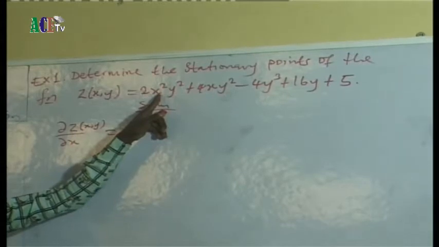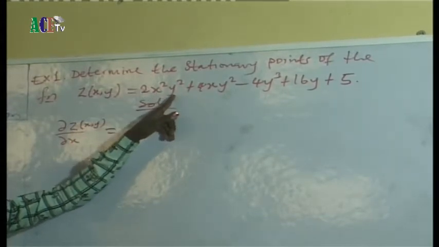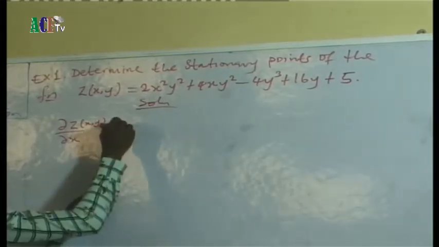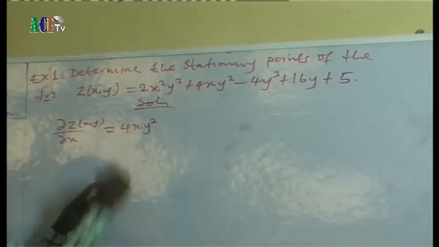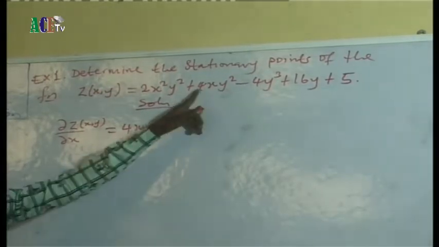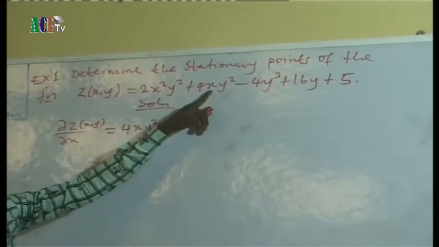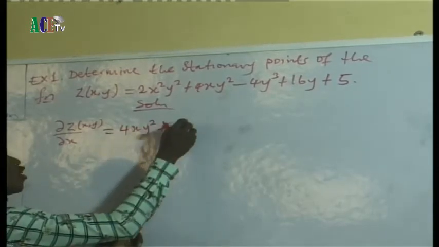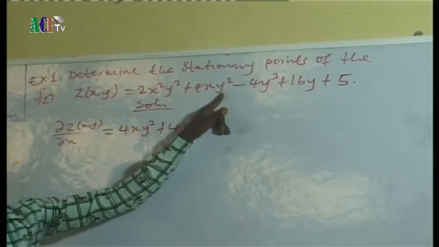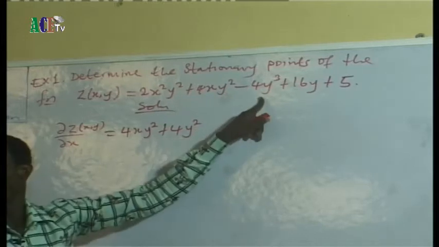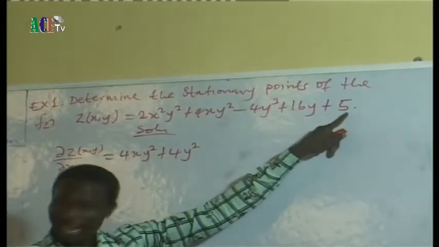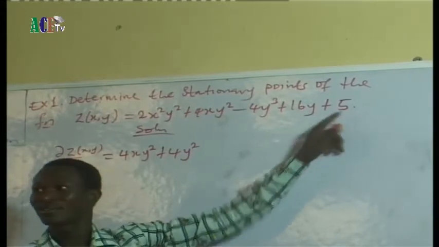Differentiating with respect to x only, y will be kept as constant. And this one will be 4xy squared. Differentiate x, which is 1, and plus 4y squared, because y will be held constant. Here there is no x, it will be 0. Here there is no x, it will be 0. Here is a constant, it will be 0.